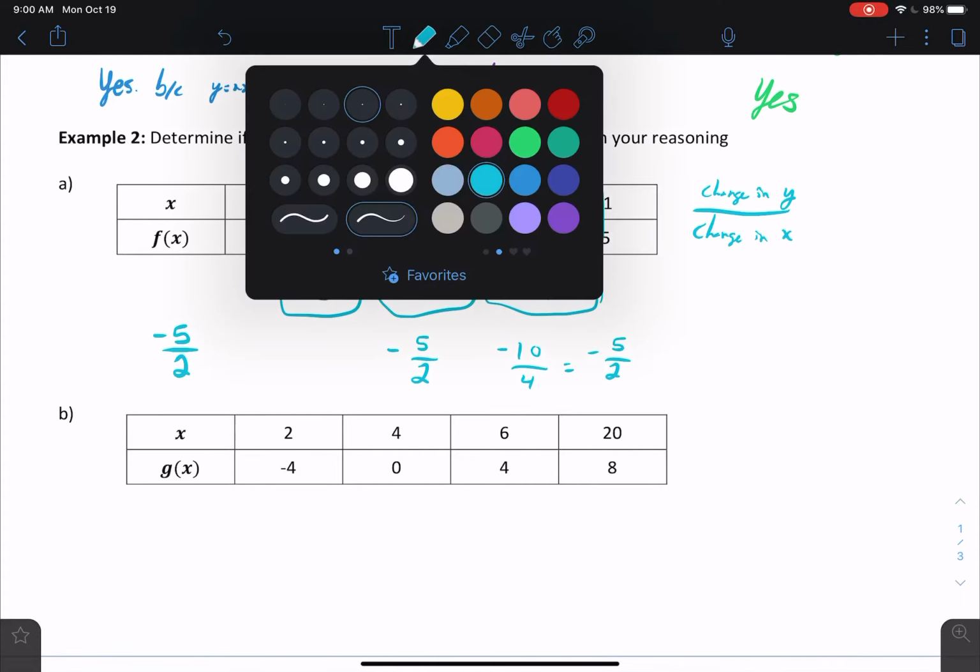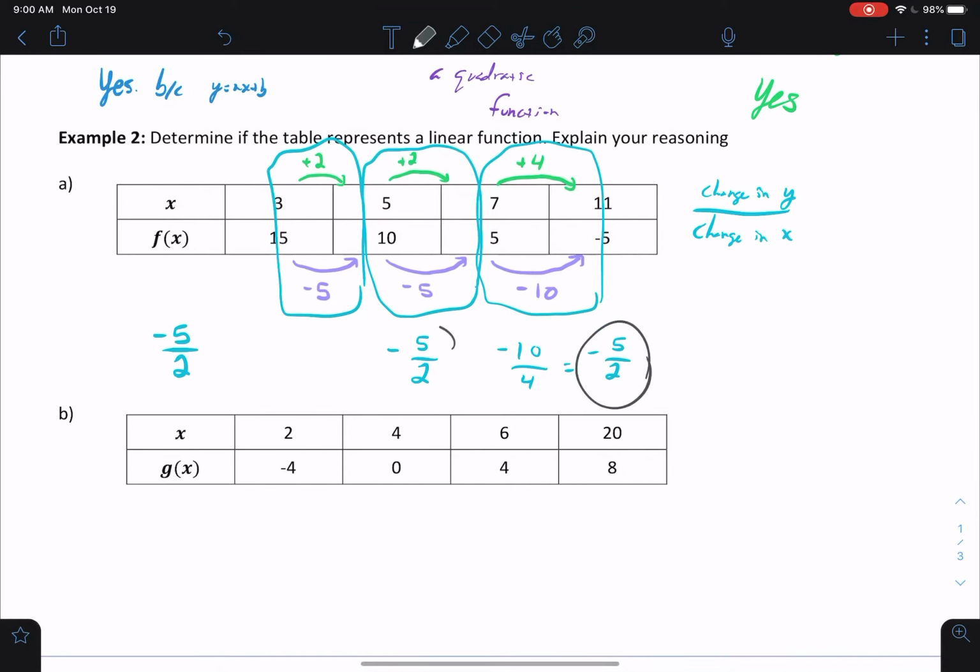So you'll notice all of these rates of change are the same. So this entire table has a constant rate of change. Even though for the last two columns we jumped 4 from 7 to 11, we could say 7 to 9 and 5 would go to 0. We could fill that into the chart. So is this a linear function?